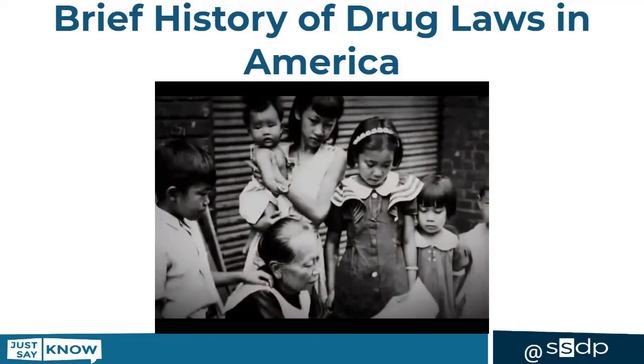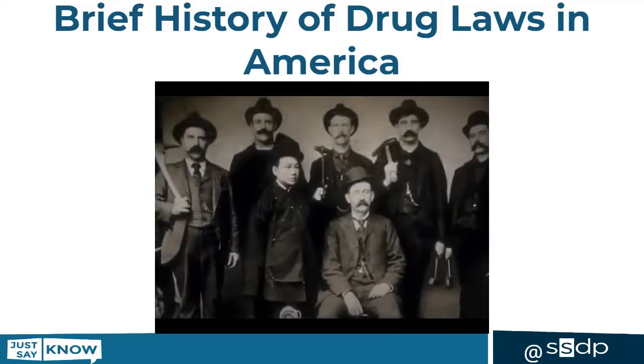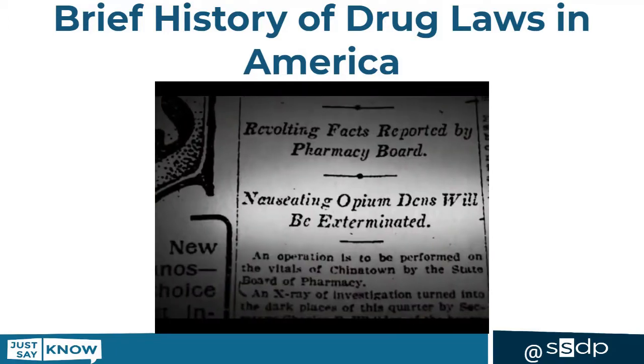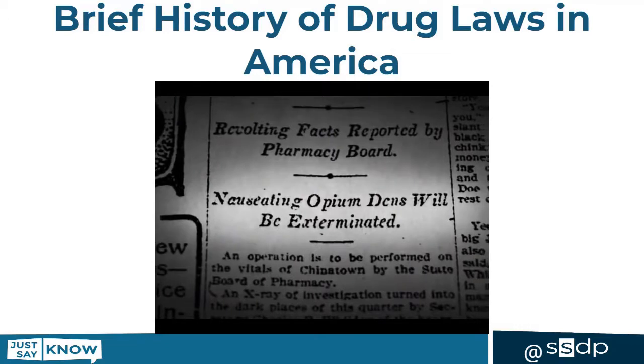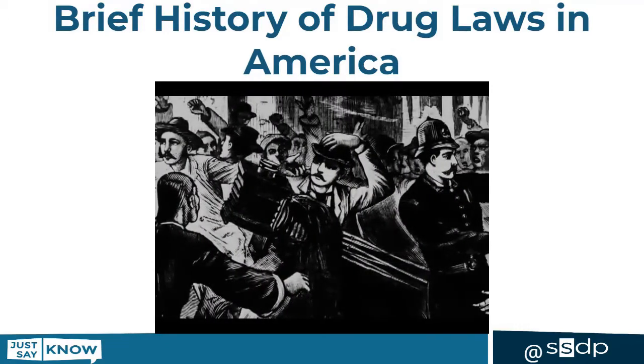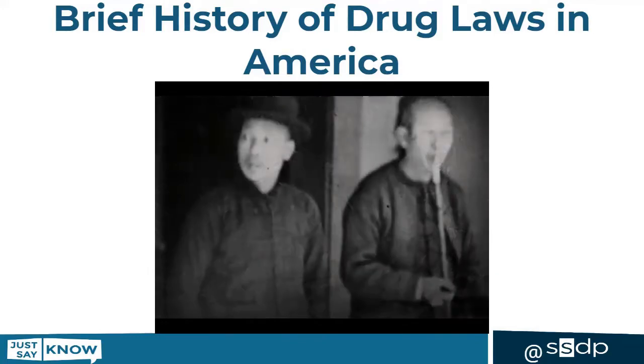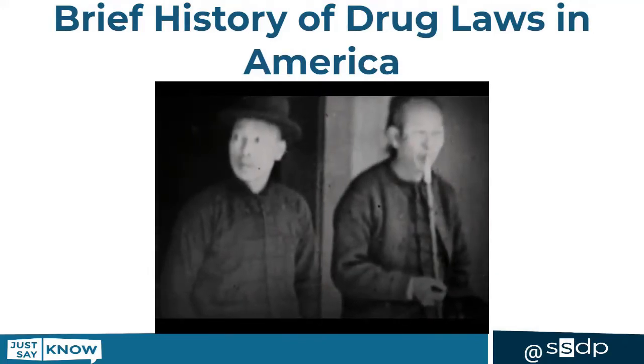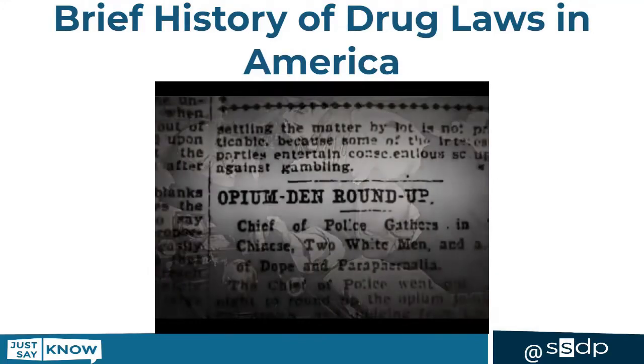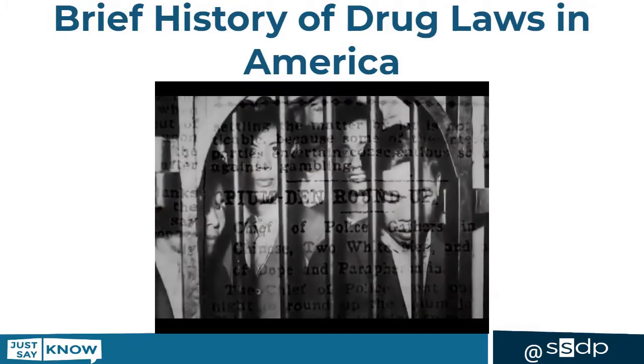But their success was taking jobs away from white workers. So politicians got together and decided they got to find something about the Chinese for which they can be criminalized to get them out of the way. Now, of course, you can't throw people in jail simply because they're Chinese, but you can throw them in jail because they smoke opium.